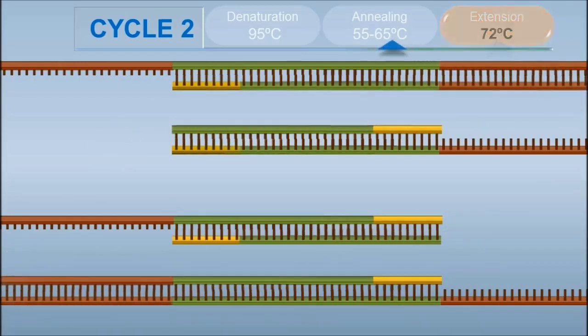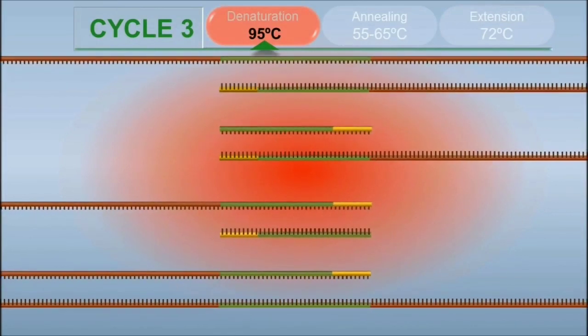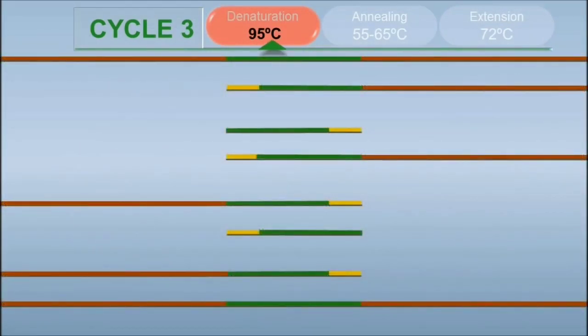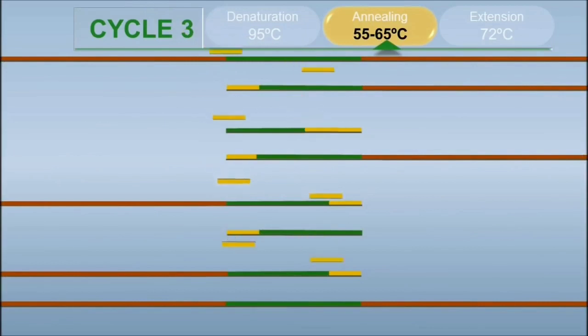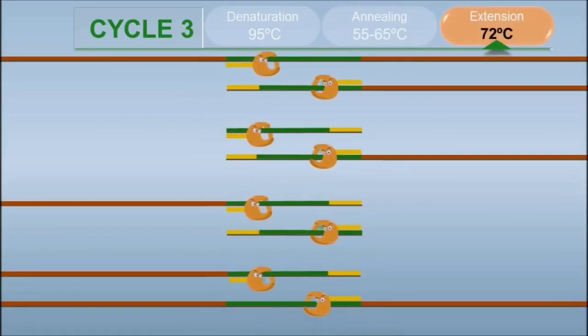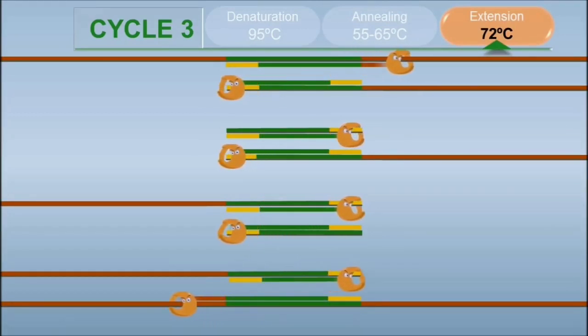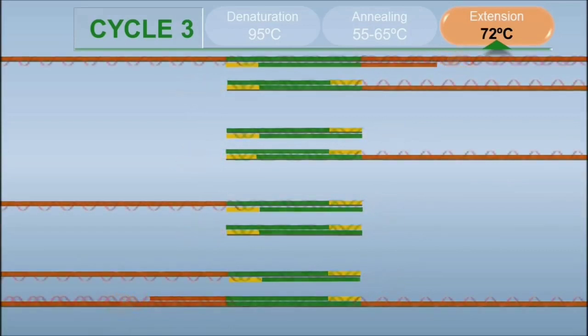In the third cycle, we repeat the process. Again denaturation, separation of the DNA strands. Again annealing, binding of primers to each of the separated strands, and again extension, which will result in the formation of multiple copies of DNA. If we now repeat this process n number of times, we will obtain 2 raised to the power n number of DNA molecules.